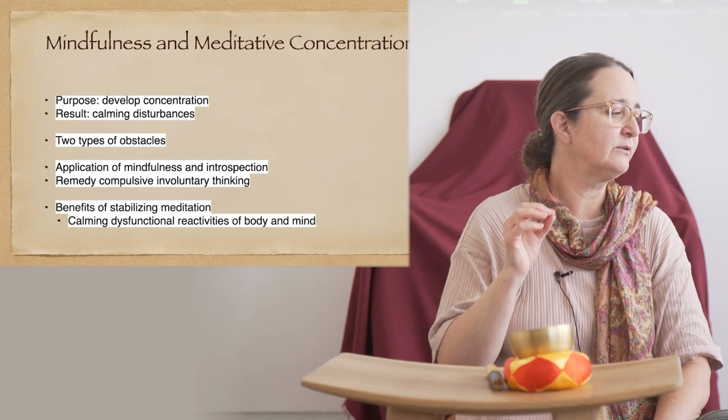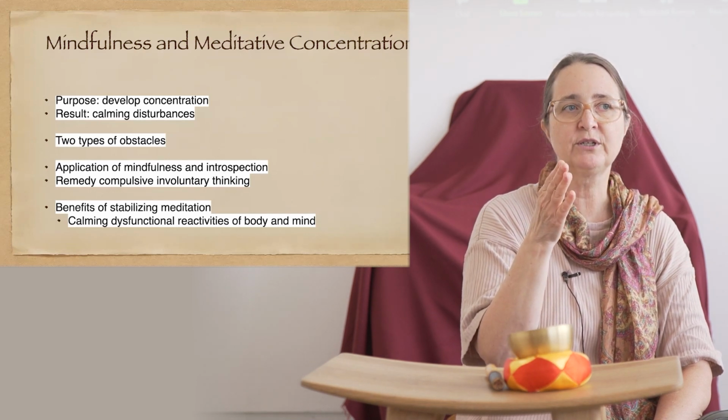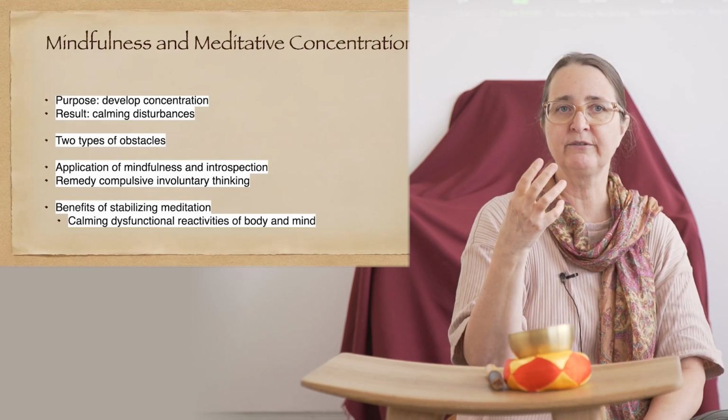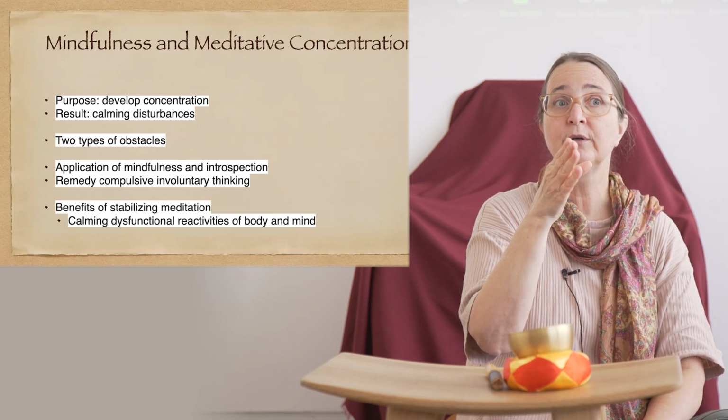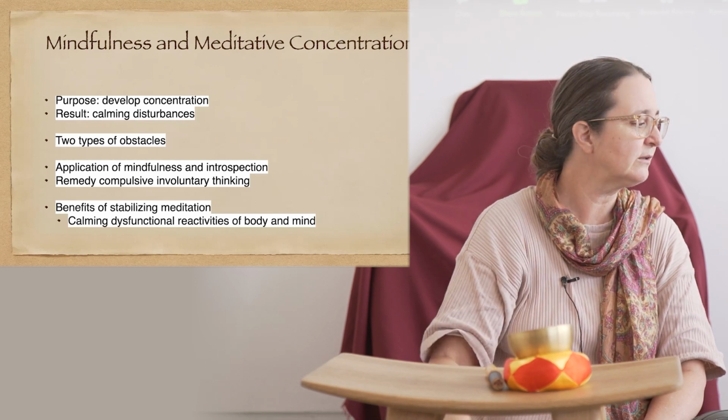So being able to apply mindfulness, which is holding on an object without any distraction. Remember our definition of mindfulness was basically being able to focus on, have attention placed on an object without distraction.